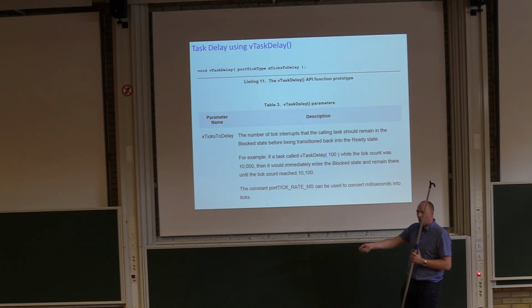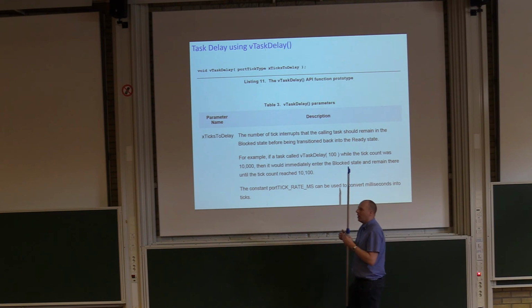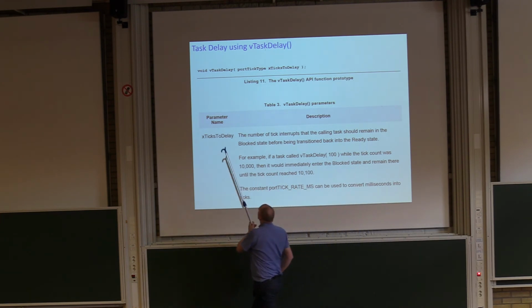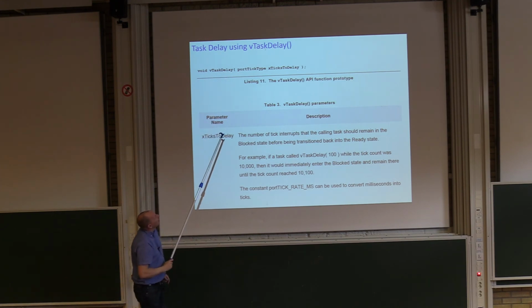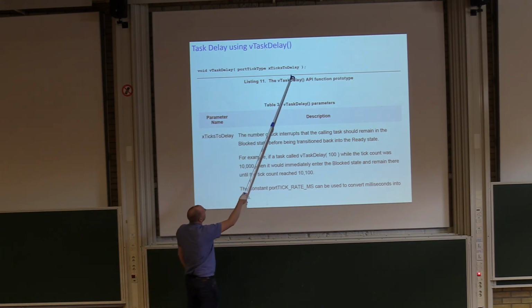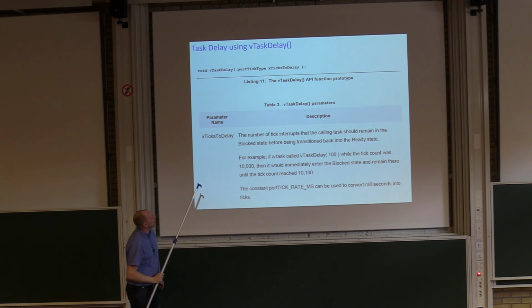Instead, you would like to tell the operating system, okay, now I would like to sleep for some time. To do that, you call a function called vTaskDelay, and then you specify the number of ticks that you want to sleep.